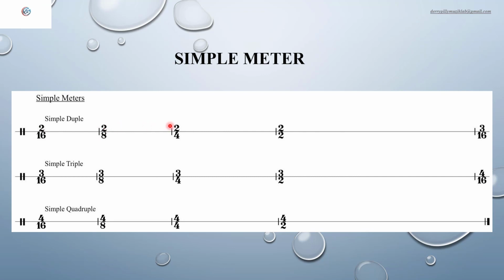Simple duple, simple duple. But why are these simple duple? Because this one can be divided into two. So we can have 2 of a 16th note, 2 of an eighth note, 2 of a quarter note, and 2 of a half note.